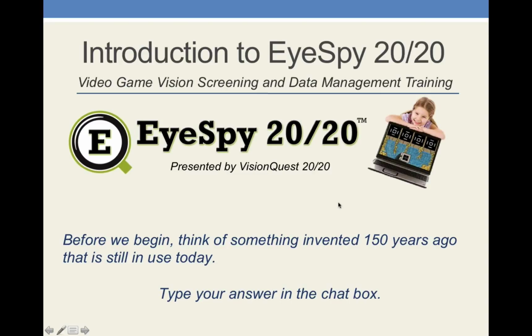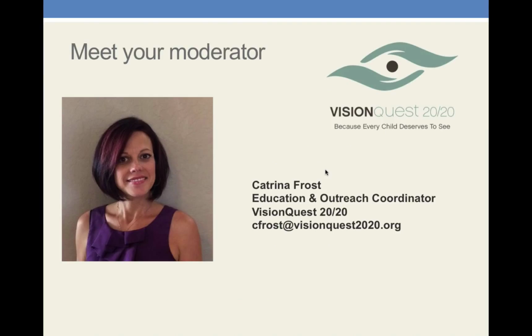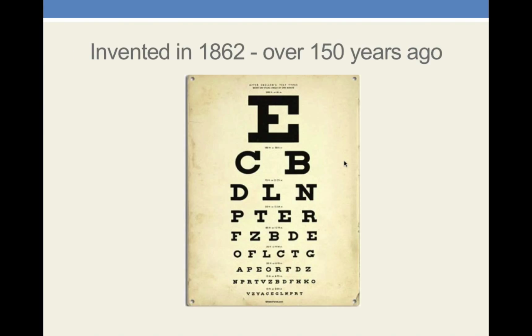We had some great answers, but the item that we were thinking of was the eye chart. The eye chart was used to measure visual acuity and was invented over 150 years ago. It was invented by Dutch ophthalmologist Herman Snellen in 1862. We have made tremendous technological advances since 1862.